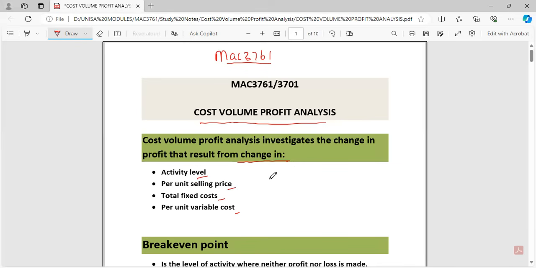Remember, when we were doing relevant costing, we said it's decision making whereby we have to use incremental cost. So, since cost volume profit analysis is used for decision making, we only focus on the variables when we are calculating the contribution.